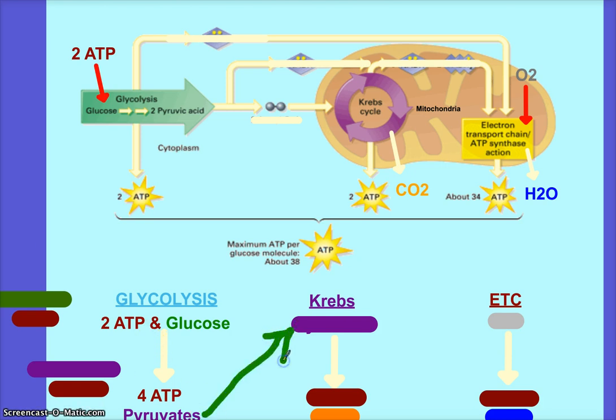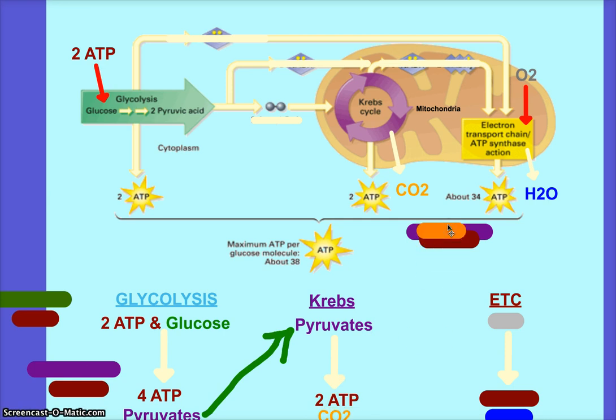If pyruvate is made during glycolysis, it's going to be the start of Krebs, right? Okay. What are the products of Krebs? How many? 2 ATP. What else? CO2. Good job.